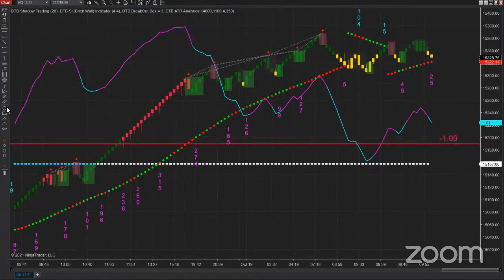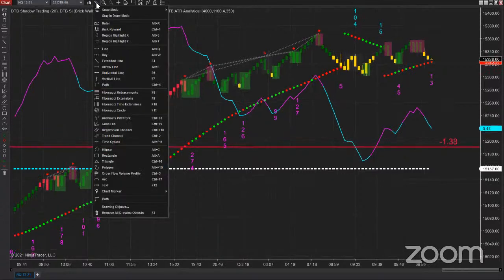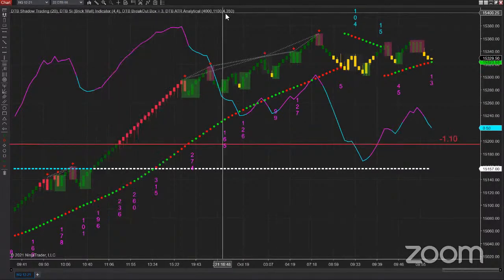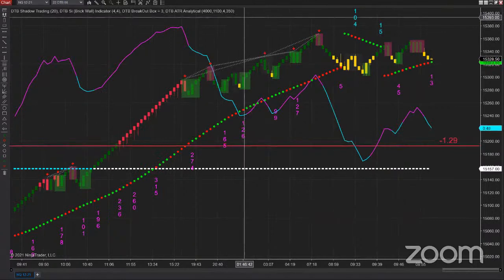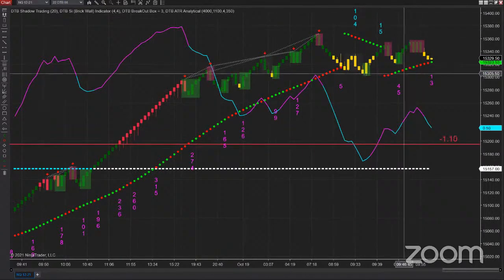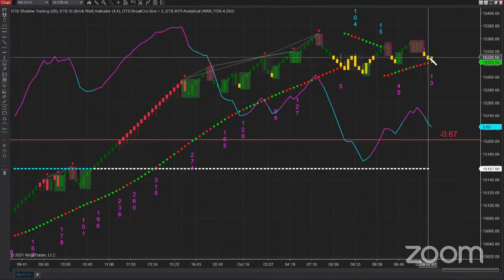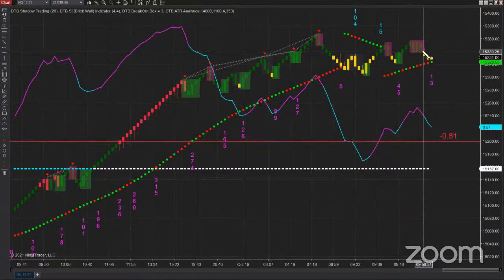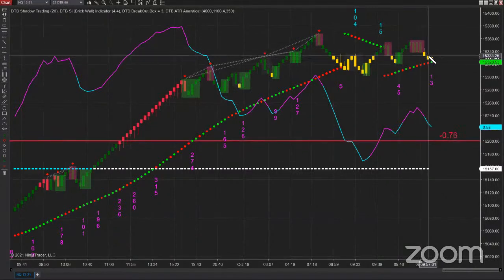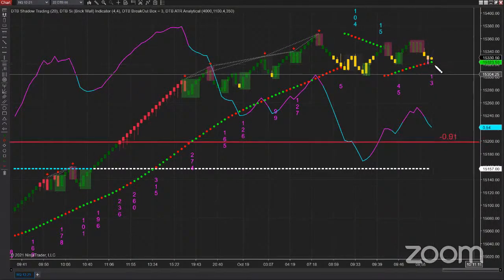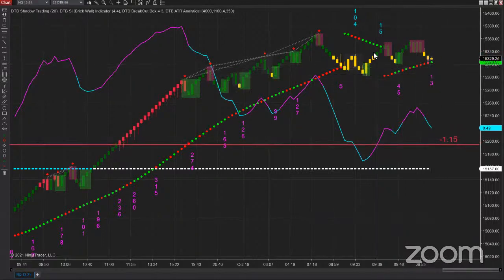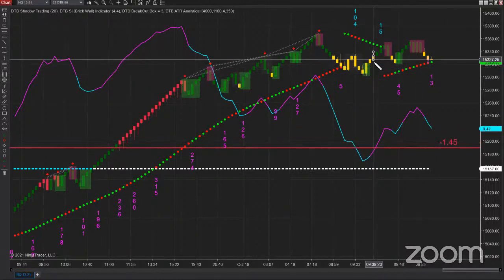I'll just make a circle around it or a little line on it. Okay. So this one, as an example, so that you can see that appeared there. This pink breakout box appeared on this bar over here. The green one is going to appear on this bar over here.